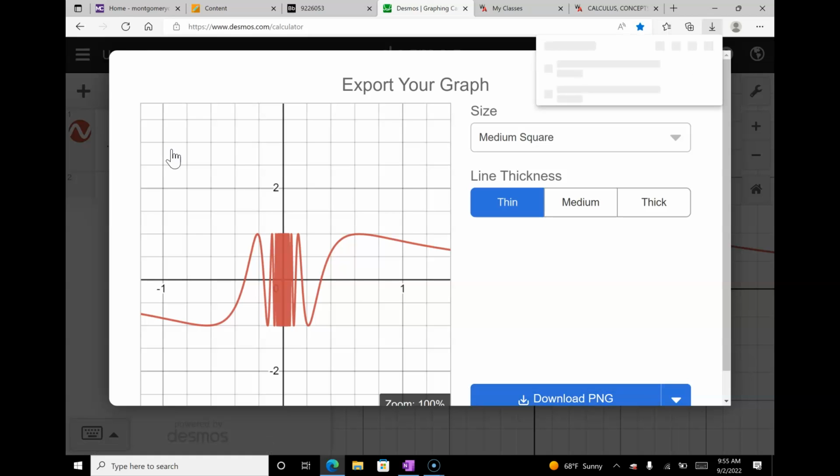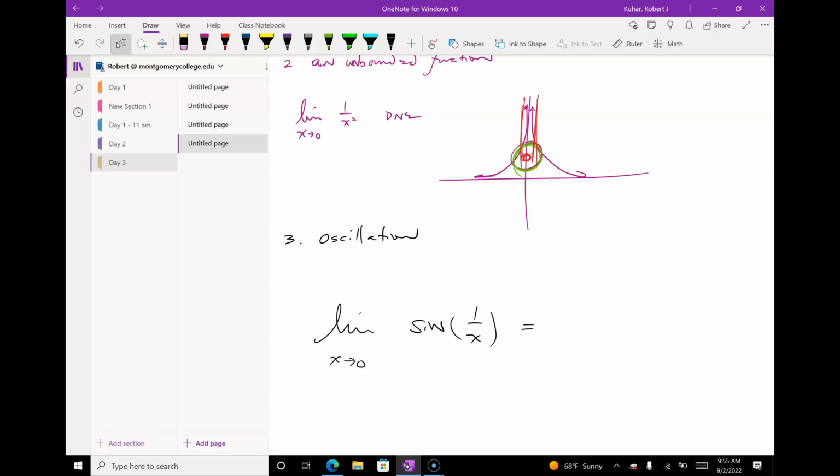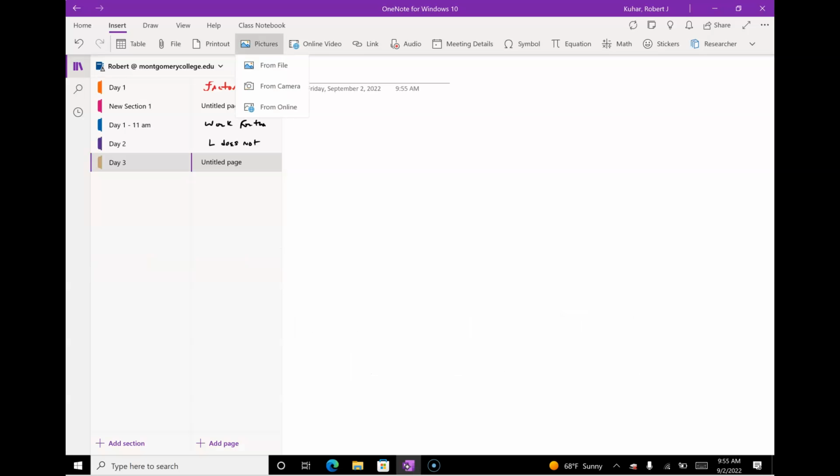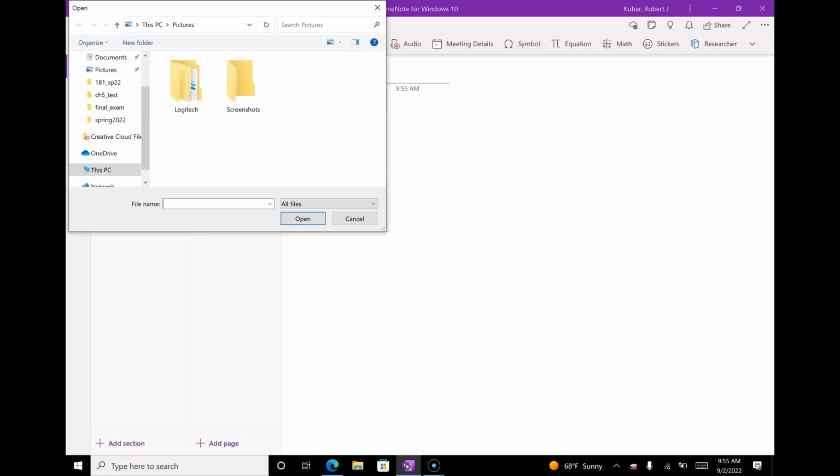Nice, download the PNG. On downloads, fine. So I'm going to go into my OneNote here and import an image. Pictures. From file. From downloads.